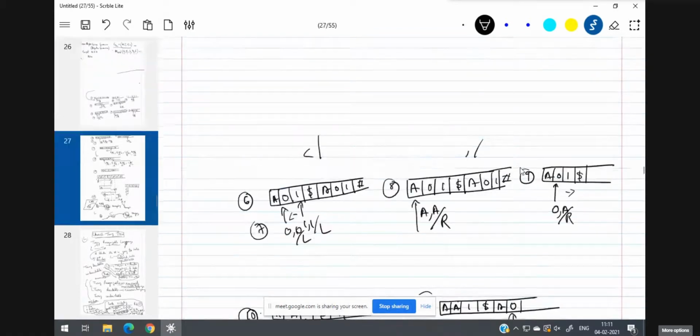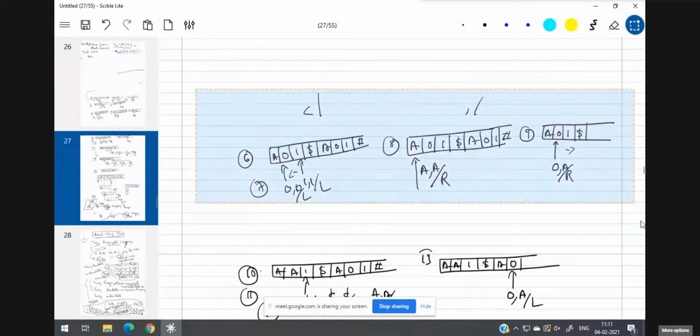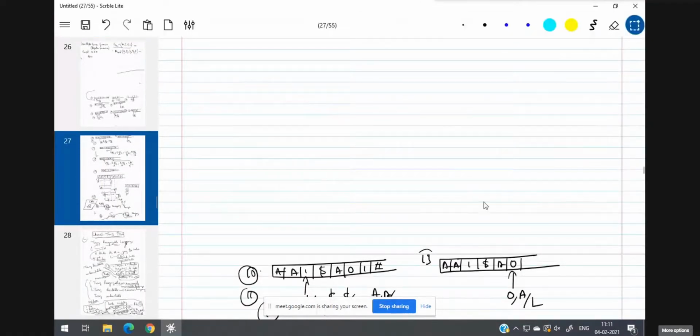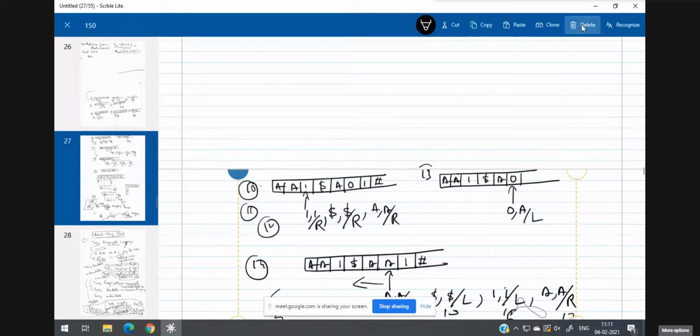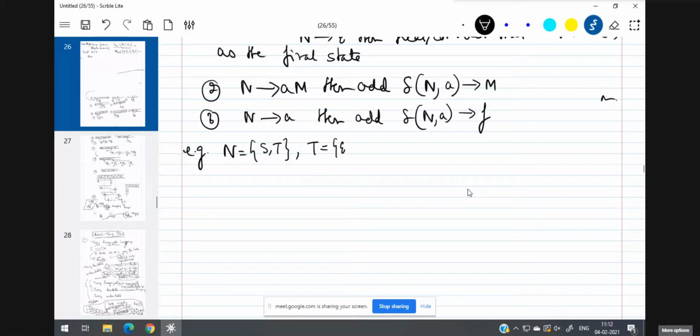Let me consider one example, in which I'm going to apply whatever I have just discussed. S, no need. We all know S is the start symbol, so no need to specify that.